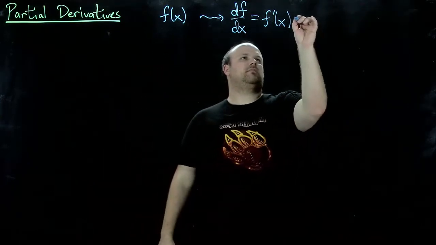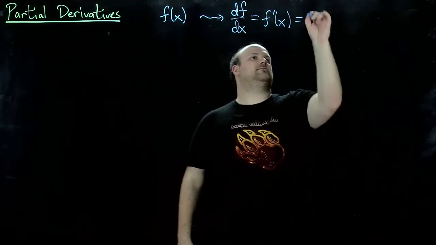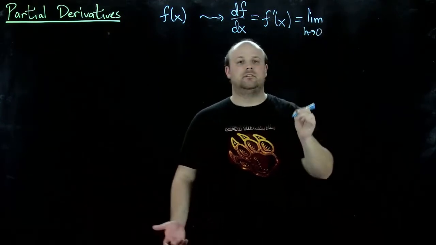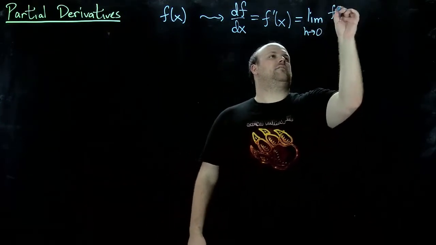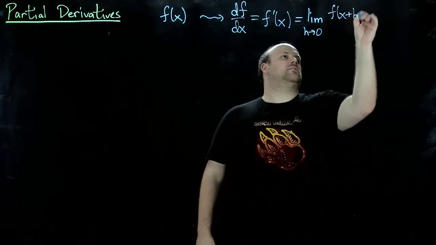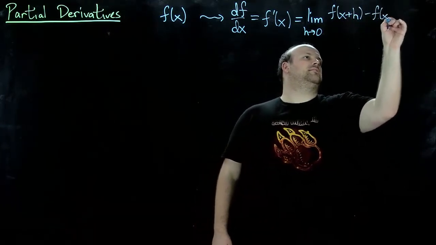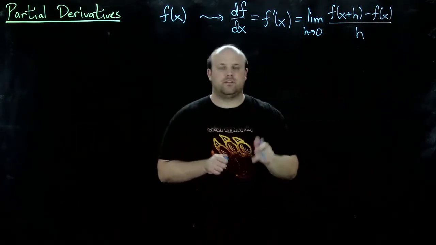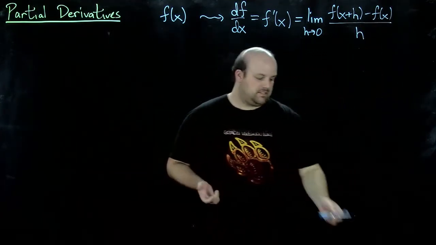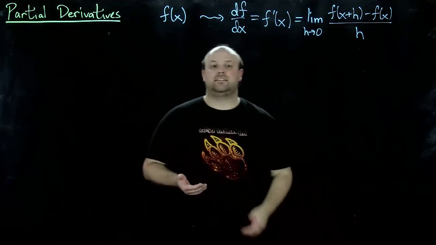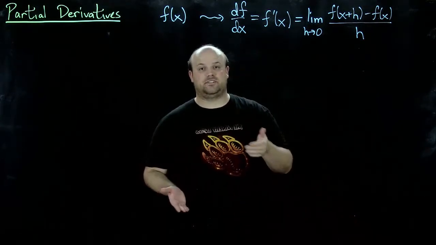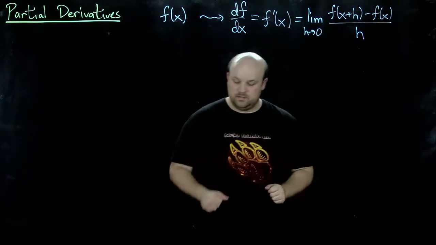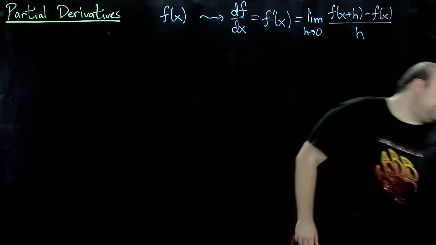Well, you might remember what we did is we take a limit as h goes to 0 of f of x plus h minus f of x, all of this over h, right? So what it's sort of doing is the instantaneous rate of change, or the slope of the tangent line, right? That's what this was.